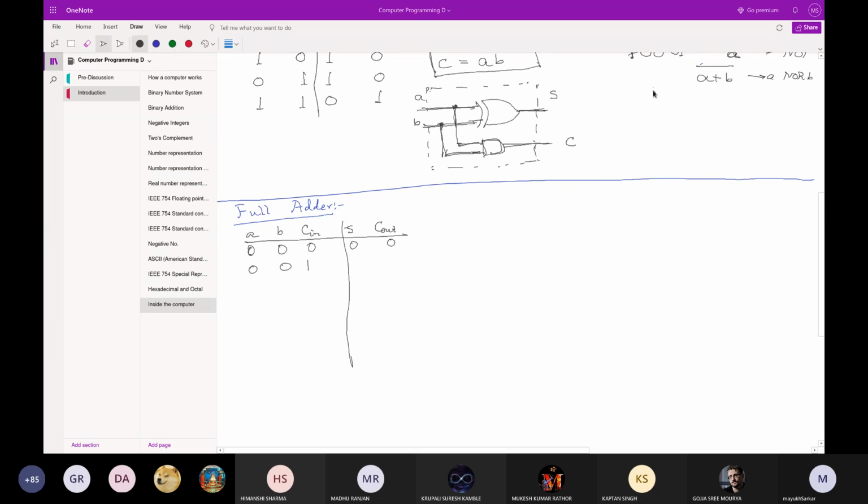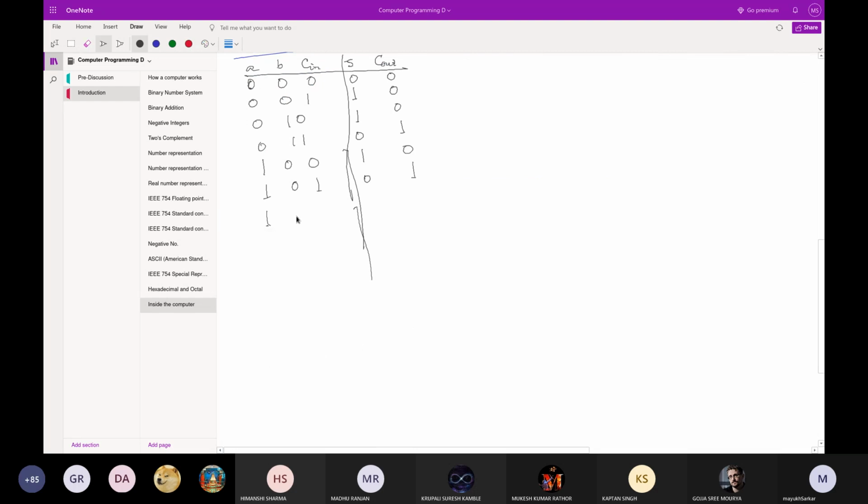Now if the carry in comes as 1 and you have 0 0 here, obviously the result will be 1 and there will be no carry out. 0 1 0, similarly 1 0. 0 1 1, this will give you sum as 0, carry out as 1. 1 0 0, 1 0. 1 0 1, that will give you 0 1. 1 1 0, this will give you 0 1.